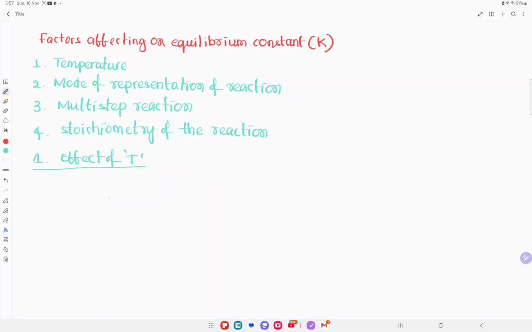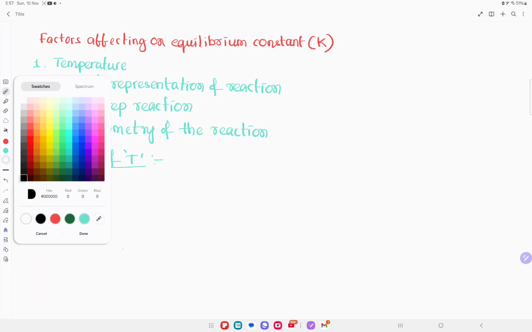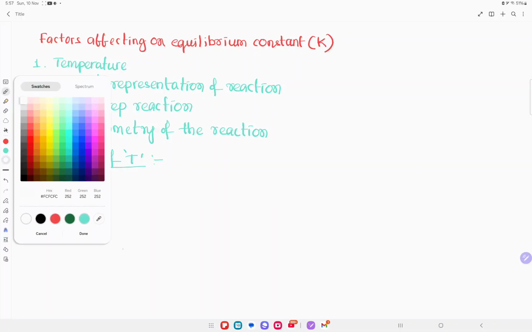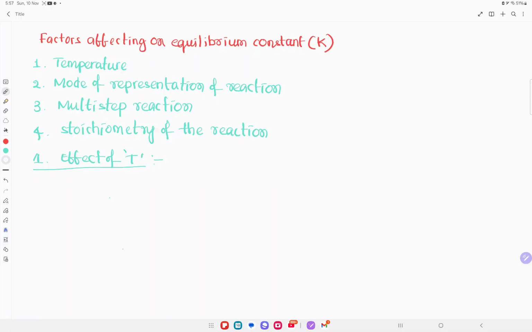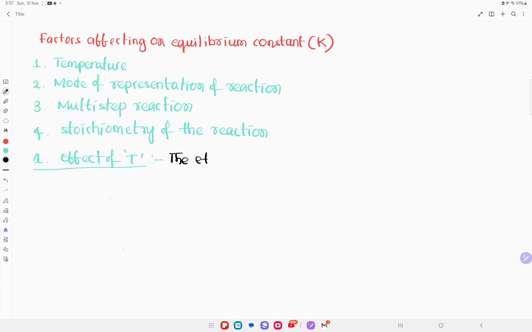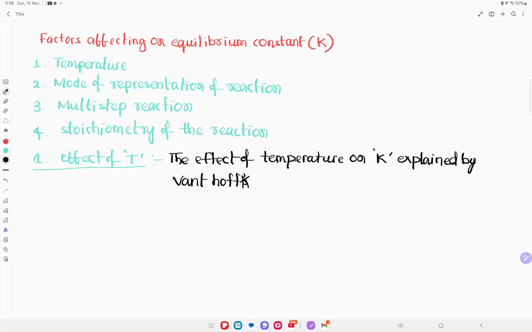The effect of temperature on equilibrium constant could be explained by the van't Hoff equation.